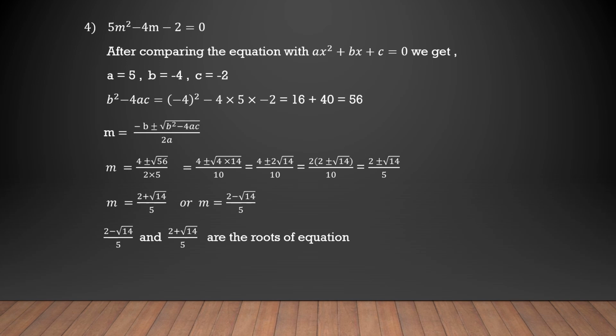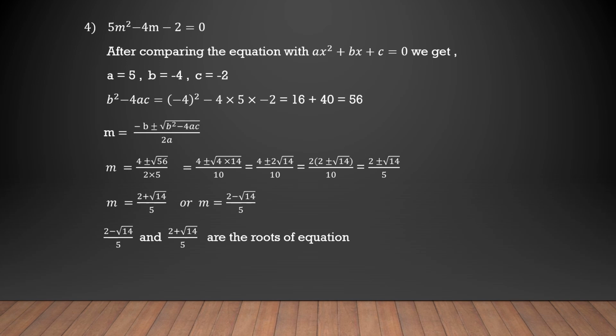So 4 is the square of 2. So we write 4 into 14 here. Then 2 into 5 is 10, so it is equal to 4 ± here we take the root of 4, that is 2, and we write 2 outside the root. Then we write √14 and by 10.